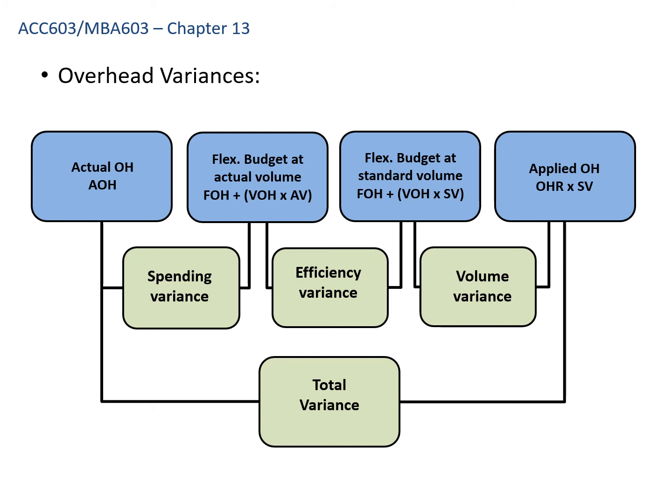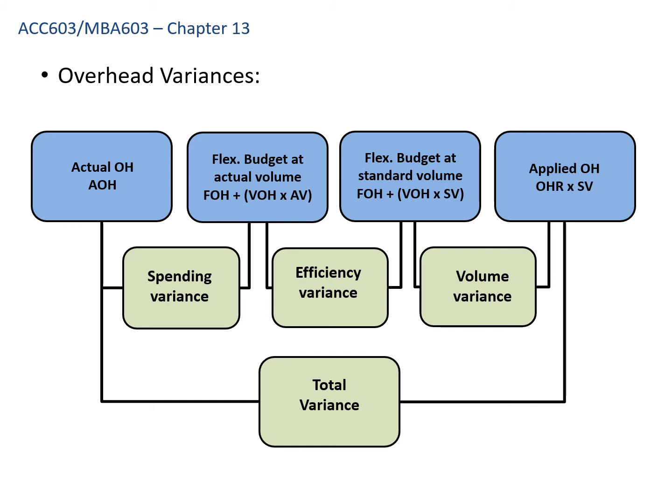The middle 2 goalposts are very similar to each other, but one is the actual volume, so the actual number of hours that were used if we had direct labor hours as our unit of measure, whereas the next goalpost over, the third from the left, is the standard volume. So it's how many hours should have been used at that level of production.